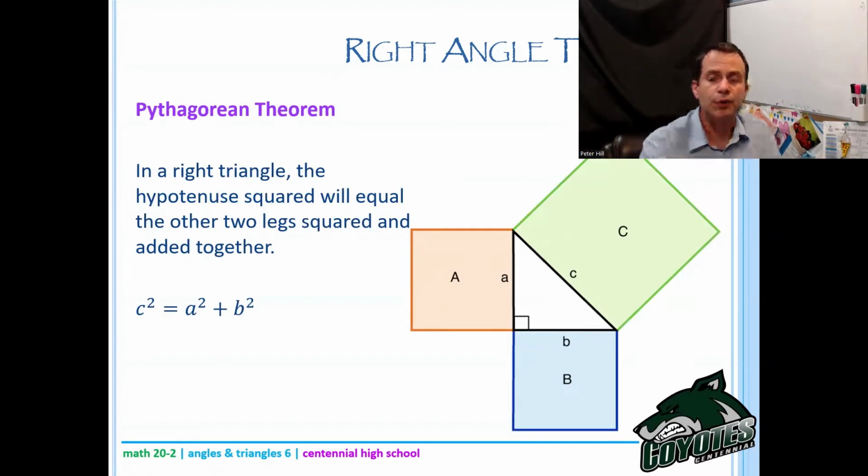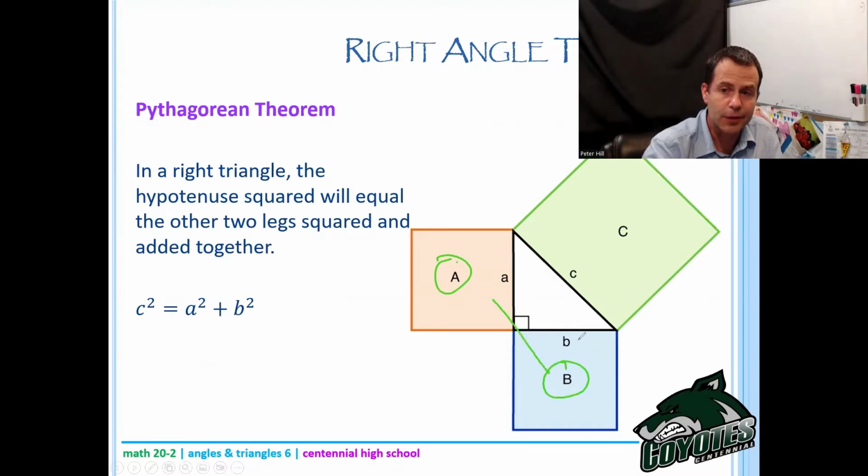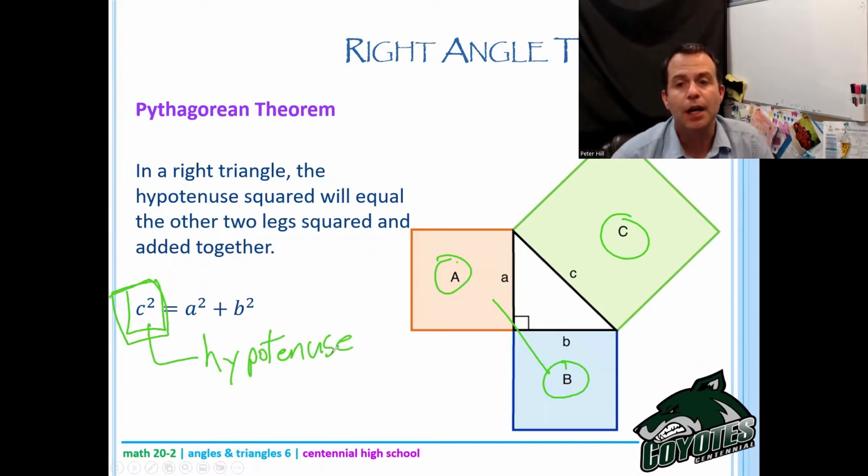The other two legs are called A and B here, and we've drawn a physical square around length A, a square around length B, and a square around length C. The area of this square plus the area of this square added together will equal the area of this square, commonly and lovingly referred to as c squared equals a squared plus b squared. What you've got to remember is that c squared is the hypotenuse. The letters themselves don't really matter. What matters is you realize that the hypotenuse has to be by itself.